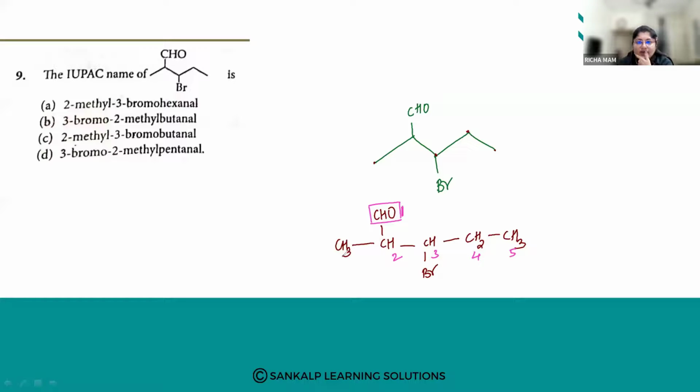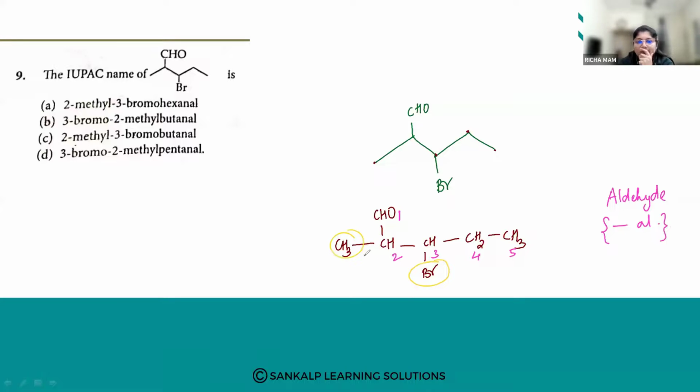Now, which are the substituents? This is the parent chain. The parent chain I am going to consider as the aldehyde, right? CHO is an aldehyde. What is the suffix? It is al. Al is the suffix. Now, which are the substituents? One is methyl, one is bromo.